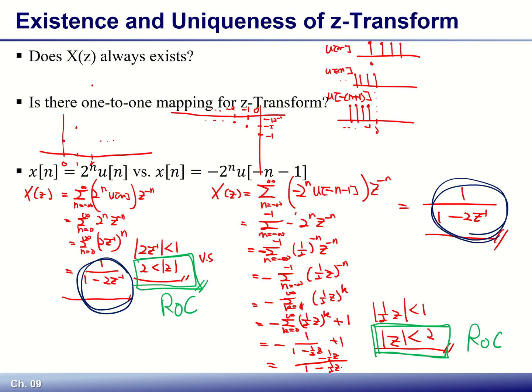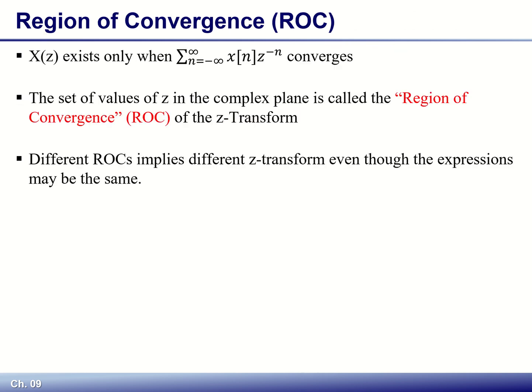When you talk about the Z transform, you should talk with the ROC together. So X(z) exists only when the sum of x[n] z to the minus n converges to something less than infinity. The set of values of z in the complex plane is called the region of convergence of the Z transform. A different ROC implies a different Z transform, even though the expression of the Z transform may be the same.